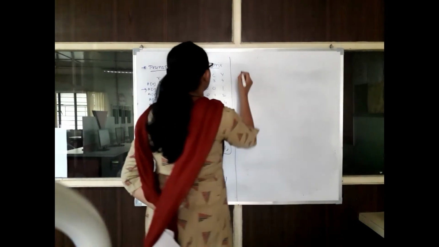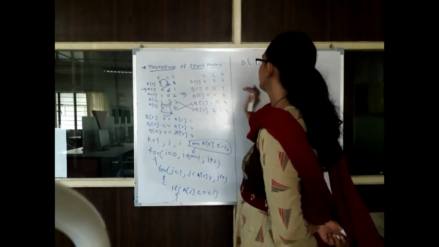We are taking that tuple, interchanging it and putting it into B matrix.